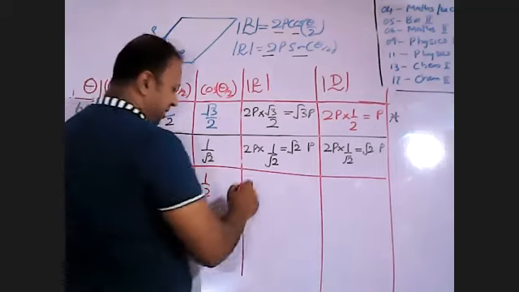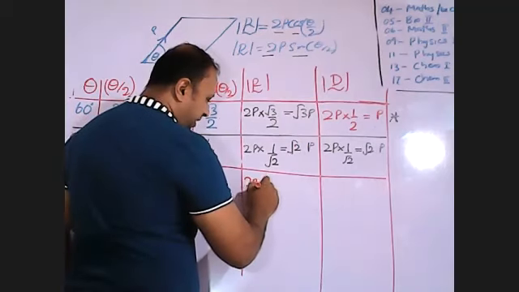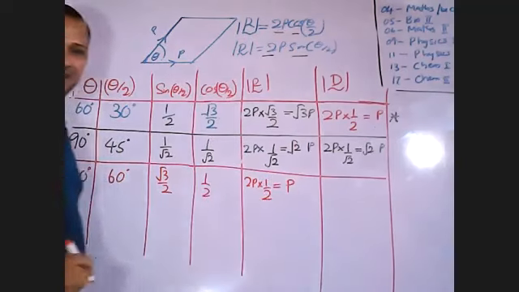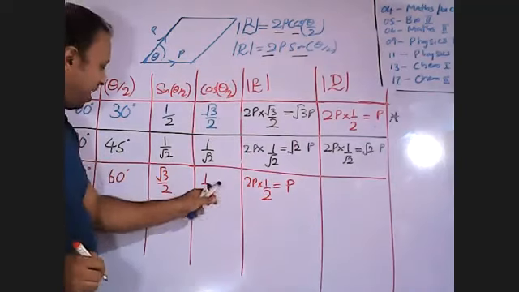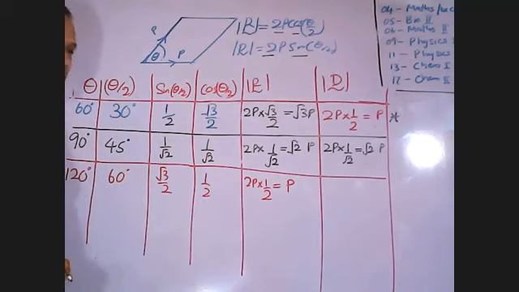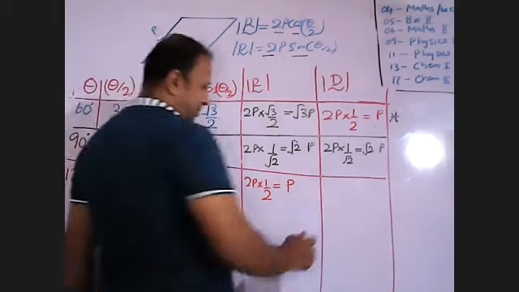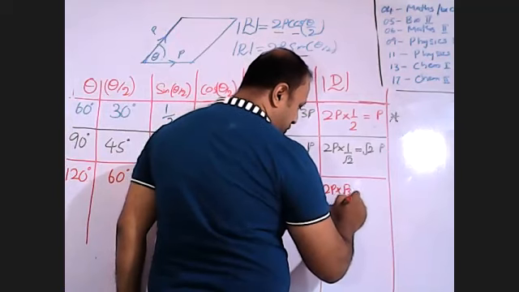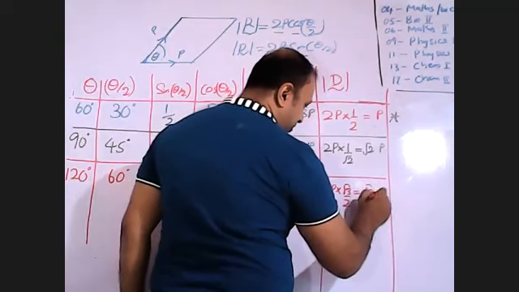So R is equal to 2P into half. Cos theta over 2 is half, so that means R is P. D is root 3 P.